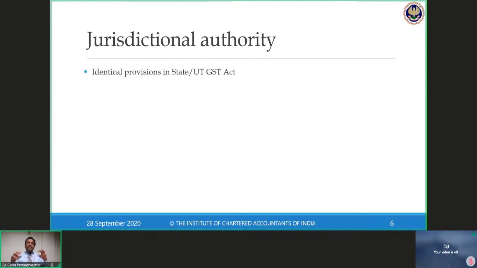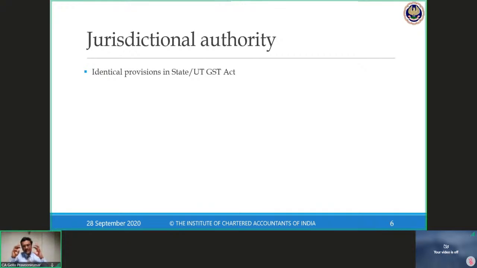Jurisdictional authority, where we will understand in a scenario and offence what authority is vested with what officer and how this gets automatically flown into other law. Identical provisions under state or UT GST. Friends, whatever we are going to study in our material, all those provisions are picked up from the Central GST Act.